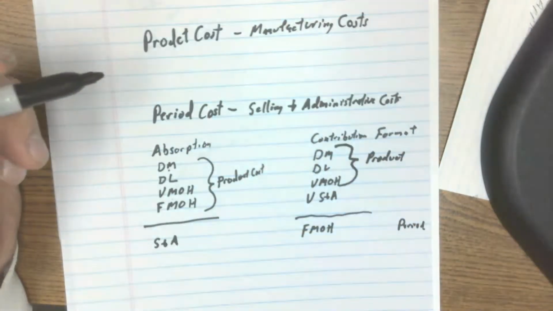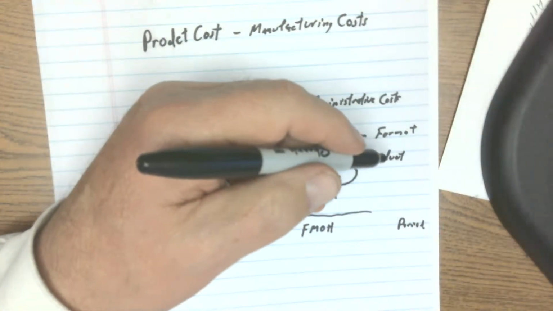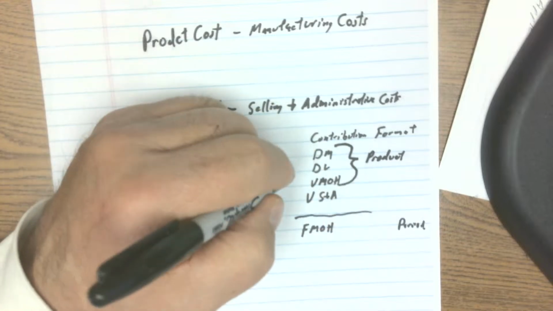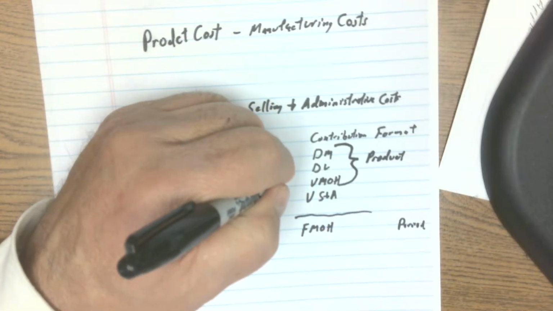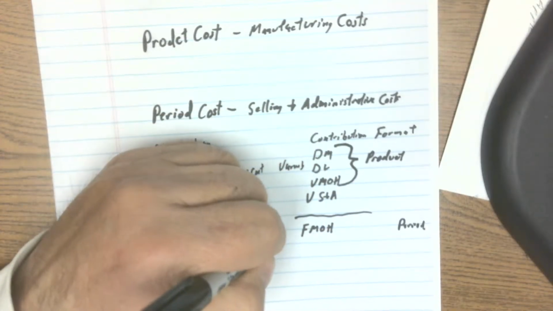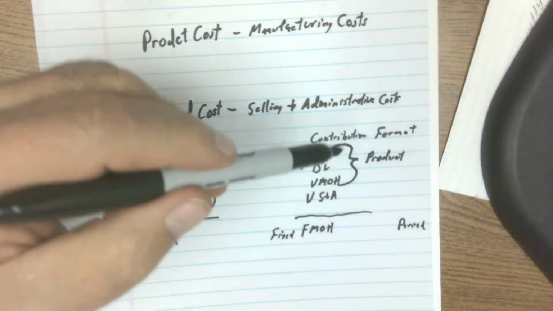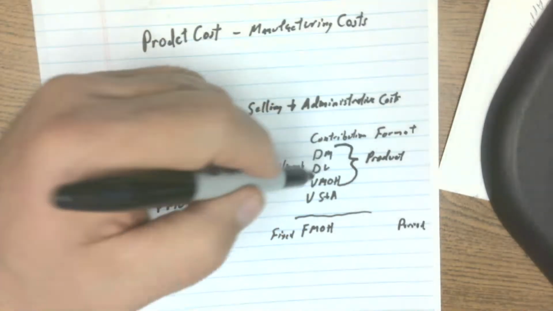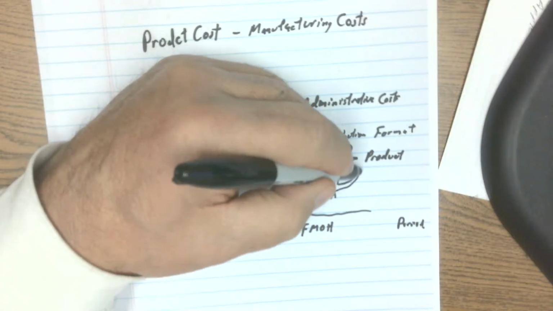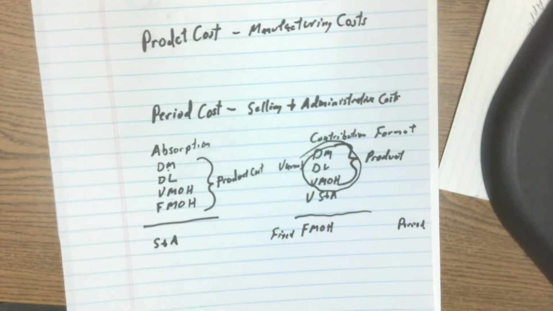So in the contribution format, instead of product and period cost, we just simply have variable and fixed. But you will see the product cost under the contribution format. So it will be those three right there is the product cost under the contribution margin format.